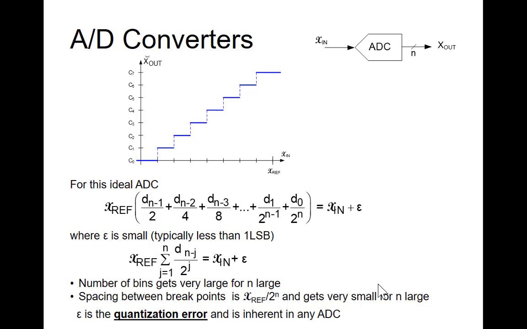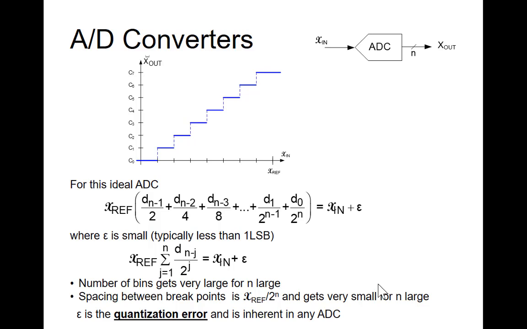So any analog input should drop into one of those bins, the bin corresponding to the Boolean output. The spacing between these transition points, and we oftentimes call these breakpoints or transition points, is ideally XREF over 2 to the n.